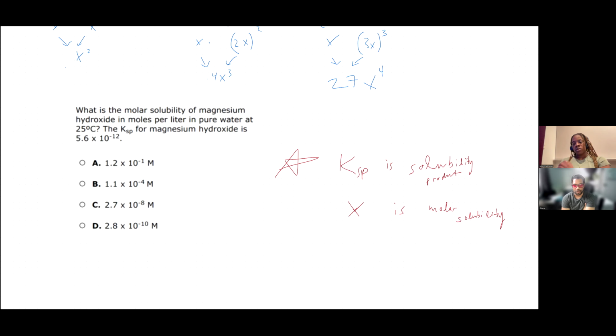Or, molar solubility. Would it go up? Would it go down? Would it stay the same? Add an acid to it.